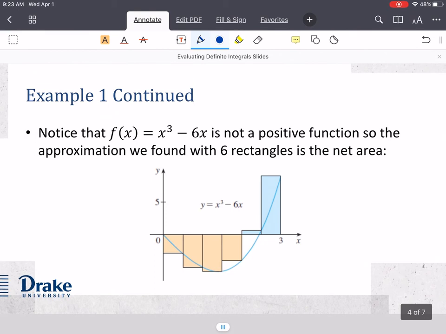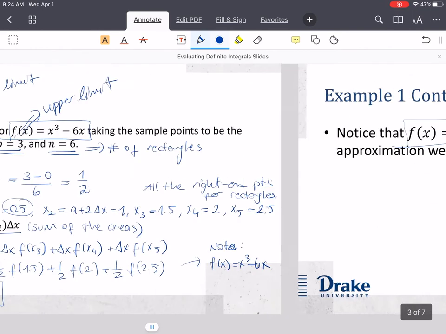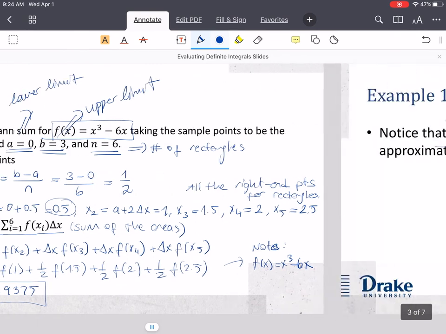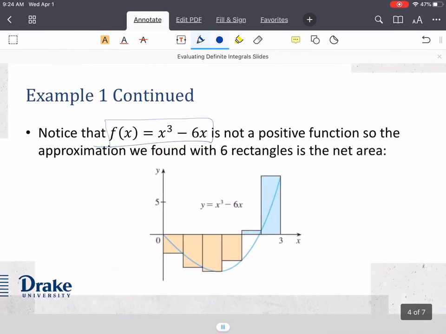All right. So here you notice that the given function is actually not a positive function. So the approximation we found was negative, right? You guys notice the approximation is negative 3.93. And the reason for that is because we have more rectangles below the x-axis than above the x-axis.